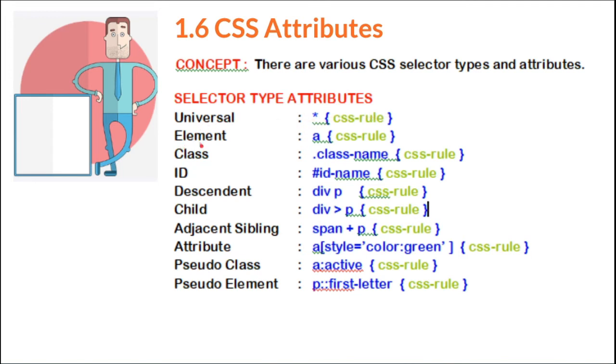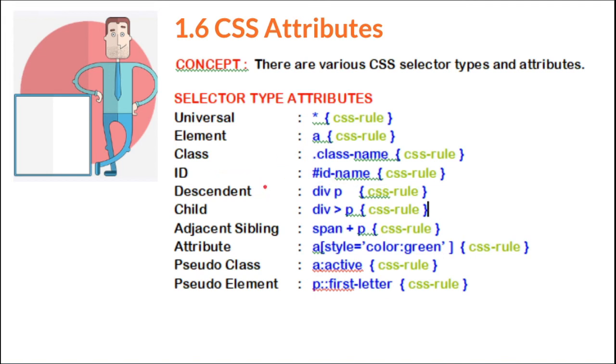We have an element selector, which can be, for example, A for anchor or hyperlink. We can have a class selector where we use a dot and then the class name. We can have the ID selector where we have the hash and the ID name.